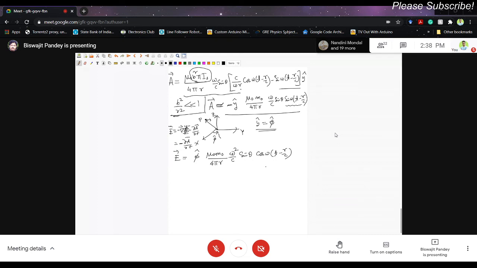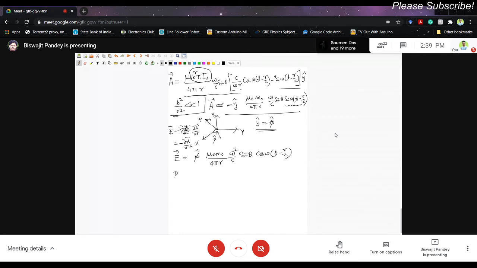But that is not advisable, because we have to first show that they are orthogonal. If I have shown that E is along phi cap, then I have to show B is along theta cap. If you assume they are orthogonal, then of course that can be done, but what is the basis of that assumption? So let us show that.